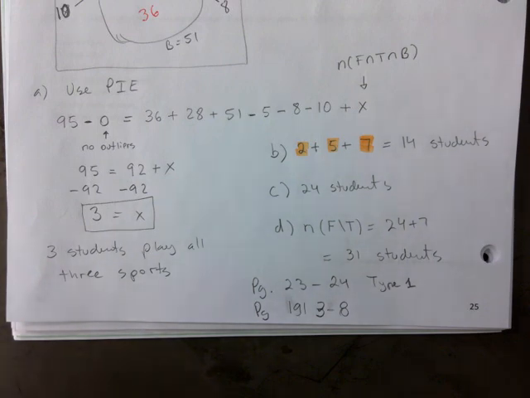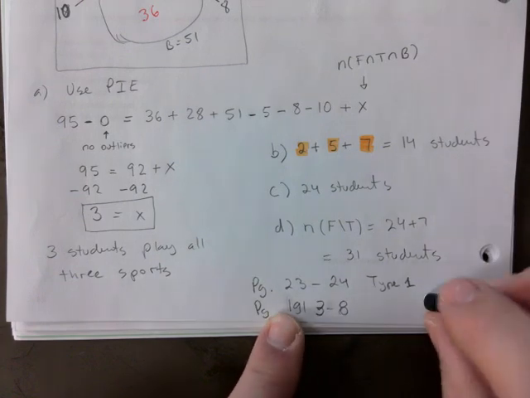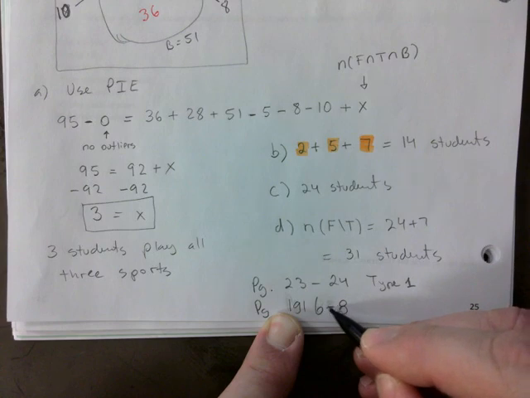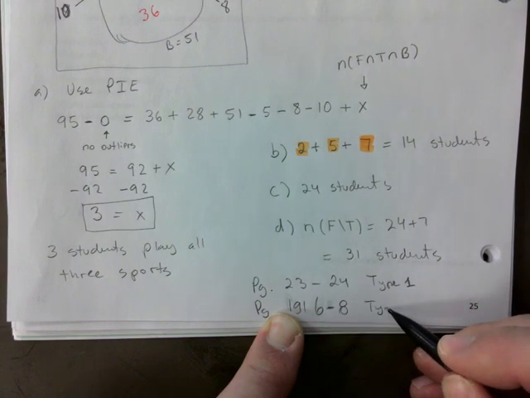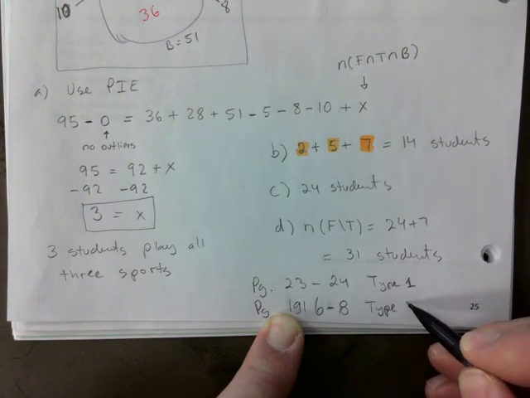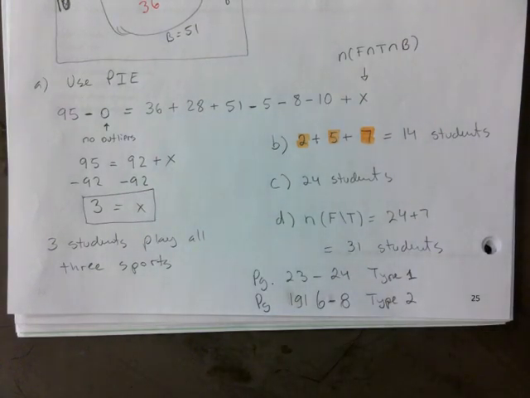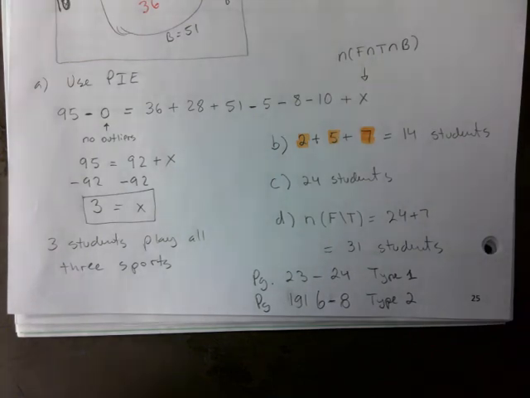Go from 6 to 8 instead of 3 to 8 for now. This is type 2. And let me just make sure. Yeah, we'll just leave it at that for now.